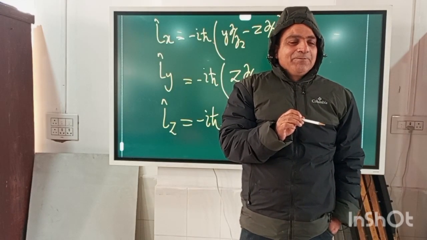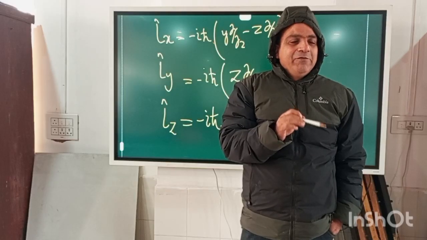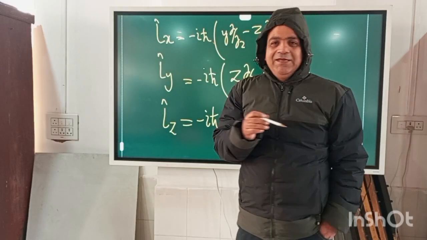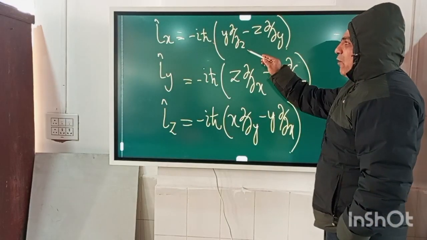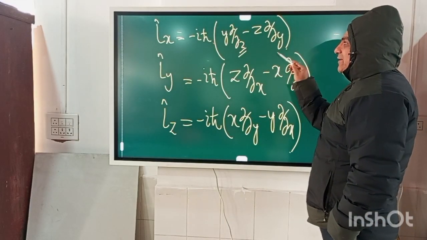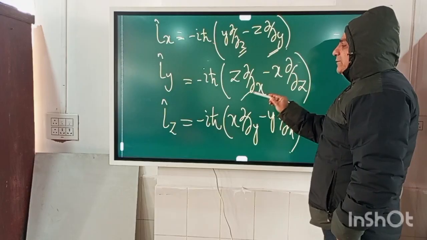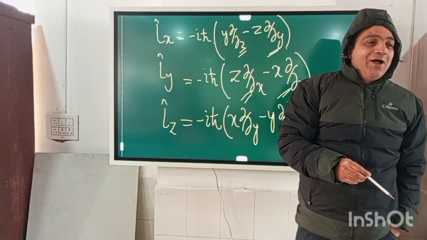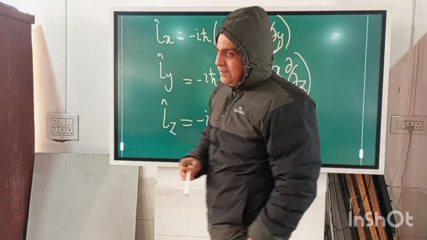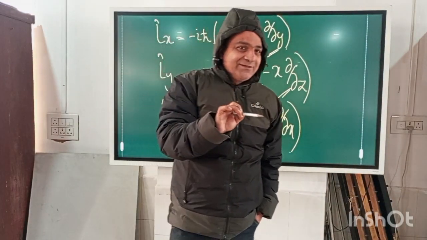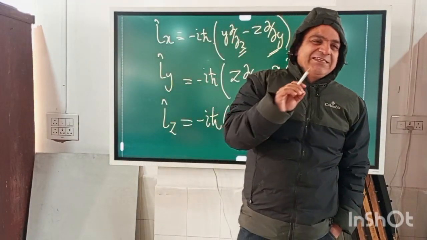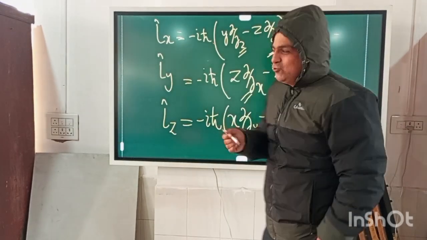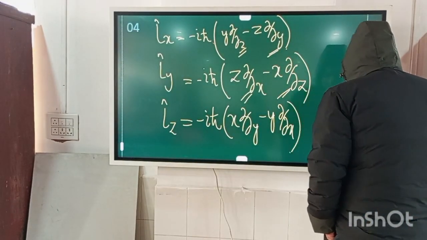And if you have to make any comparisons of angular momentum, then certainly you have to transform these Cartesian coordinate operators into spherical polar coordinates, right? That you can take as tutorials. It's a silly exercise on at least 10 to 15 pages. What you have to do is the algebra.